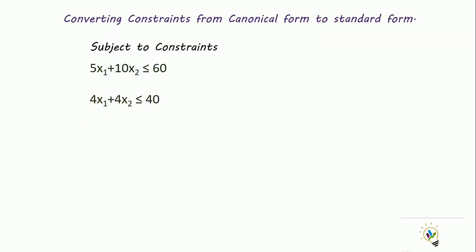Before we start the problem, we need to convert the canonical form of constraints to standard form. Here there are two constraints. The first constraint is 5x1 plus 10x2 less than or equal to 60. To convert canonical form to standard form, since the inequality is less than or equal to 60, we need to add slack variable.